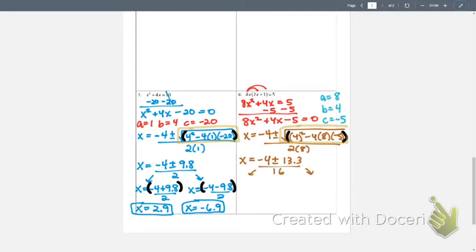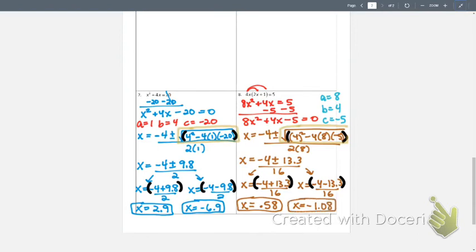So now we split this up into our 2 separate problems. x equals negative 4 plus 13.3 divided by 16, and x equals negative 4 minus 13.3 divided by 16. Type in the numerator first and then divide by 16. If you do this the right way, you should be getting 0.58 for this answer. And then over here you get negative 1.08.